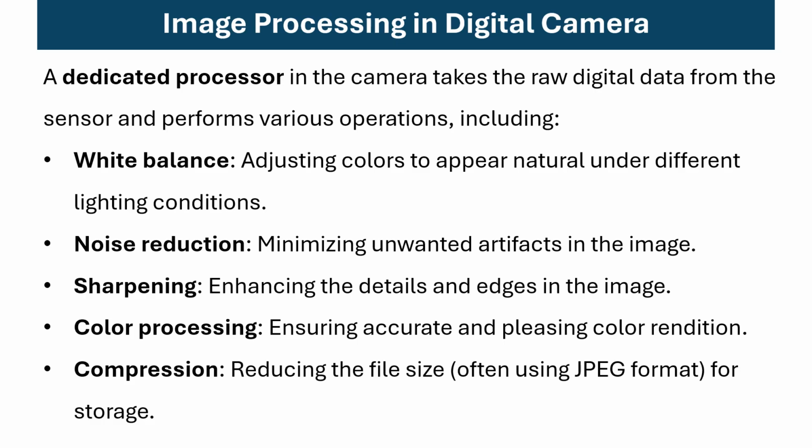The processor also performs noise reduction. There are unwanted artifacts in an image, and the processor can reduce those and make your image sharper. Sharpening involves enhancing or increasing the details of the image. It can do color processing, ensuring that the color representation is accurate. The processor can also do compression, reducing file size.